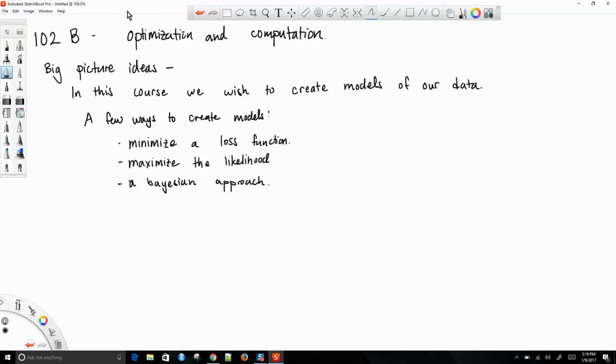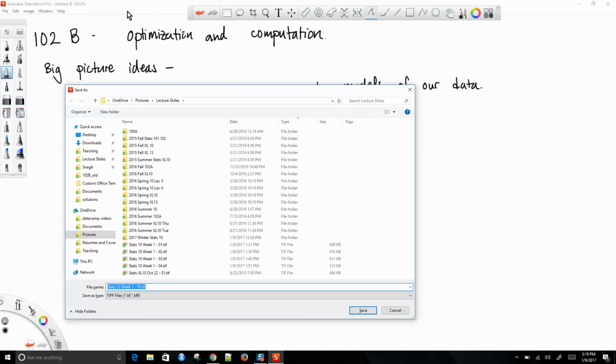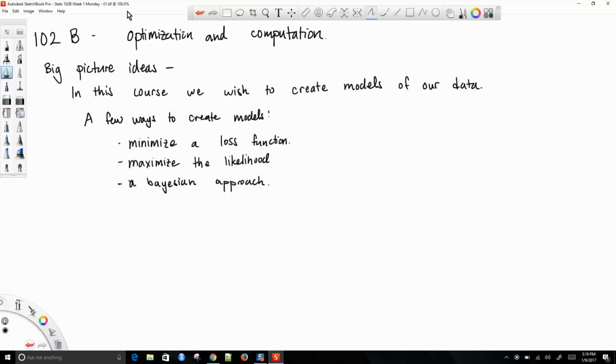Have you guys taken a Bayesian statistics class? No? Okay. This is 102 week 1, Monday. We'll talk about the framework and the thinking that goes into a Bayesian approach.